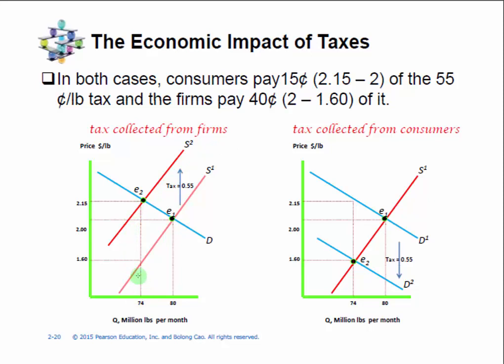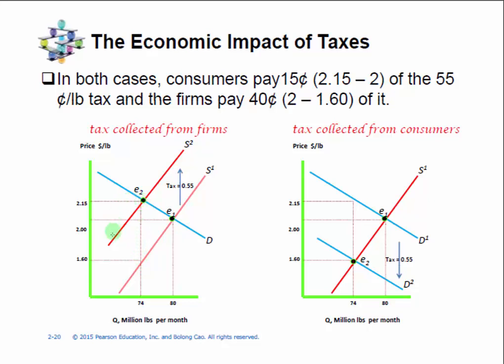In the picture on the left, we have after-tax equilibrium at 215. It's basically the sellers mark the price as 215, and the government takes 55 cents away. They only receive 160. Compared to the previous no tax equilibrium, the consumers pay 15 cents more, so the firms receive 40 cents less.